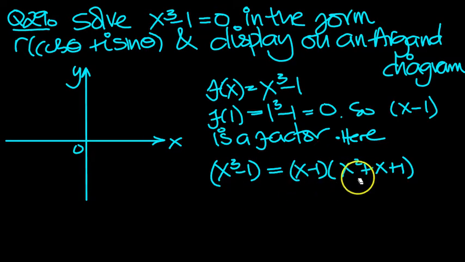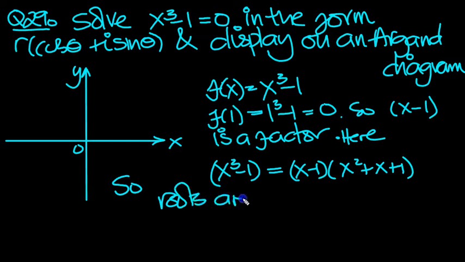Now we need the roots, so we can write down roots. Roots are x equals, well, this value here, when this equals 0, the roots are 1, and also the roots are the solution of this quadratic, so it's minus b plus or minus the square root of b squared minus 4ac, all over 2 lots of a, which is 2.